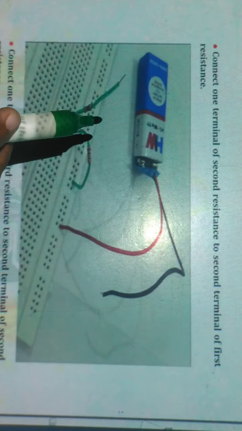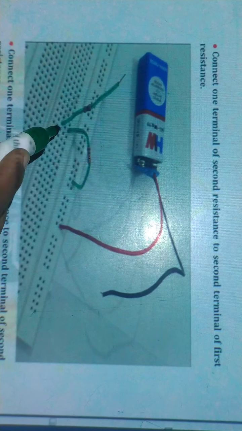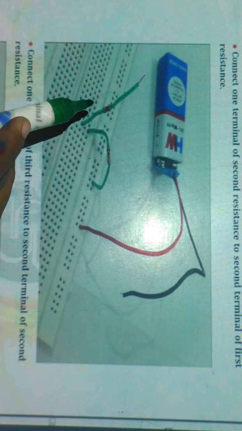Again, connect one terminal of the second resistance to the second terminal of the first resistance, in the same row. You make the connection like this. This is the second resistance, this one is the first resistance. The second end of the first resistance and the first end of the second resistance are connected together.